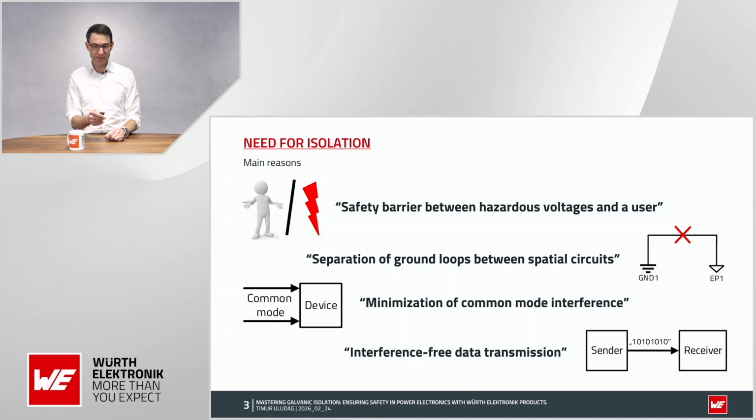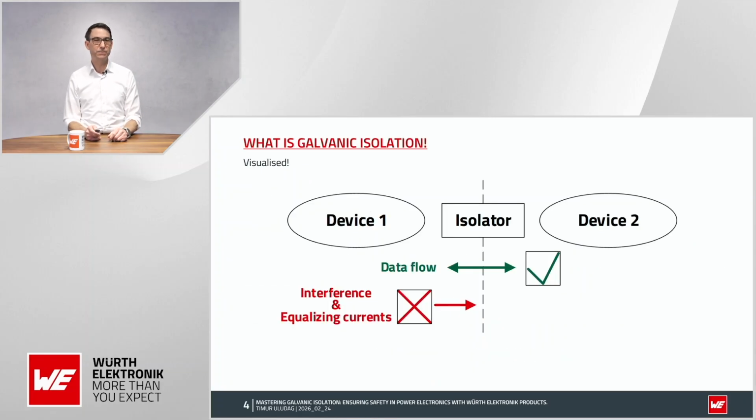If we now take the definition we have for a galvanic isolation plus the needs we have for an isolation and put it in one block diagram, then it is more tangible to see what it is all about here with the galvanic isolation. The block diagram here shows the situation of a data transmission system. We have here a device 1, we have got here a device 2, and in the middle here we have got the isolator.